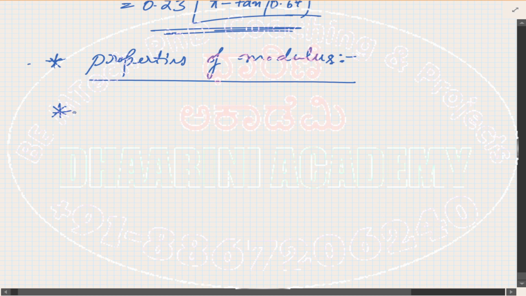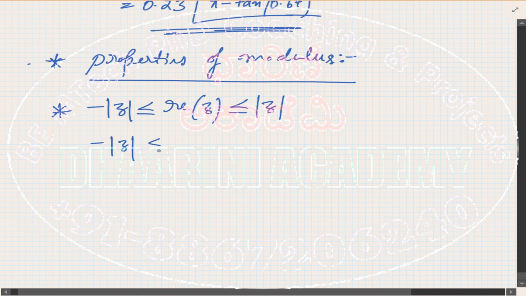If you take minus of the magnitude of z, or minus of that r value, it is always less than or equal to the real part of z, which is always less than or equal to the magnitude of z. And the same property says minus of magnitude of z is less than or equal to the imaginary part of z, which is also less than or equal to the magnitude of z.